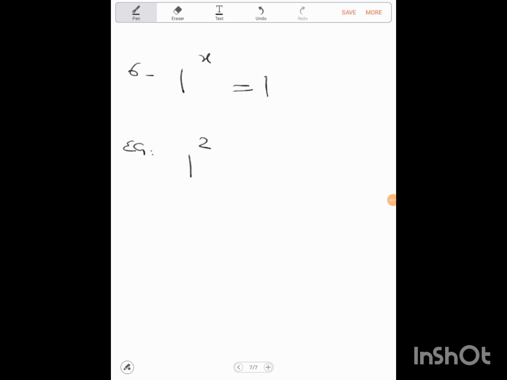If you have 1 square, it means 1 into 1, the answer will be 1. If you have 1 cube, you're multiplying 1 thrice, still your answer is 1. If you have 1 to the power 4, you're multiplying this 1 4 times, still your answer is going to be 1. So if your base is 1, however many times you multiply it, the answer will remain 1.